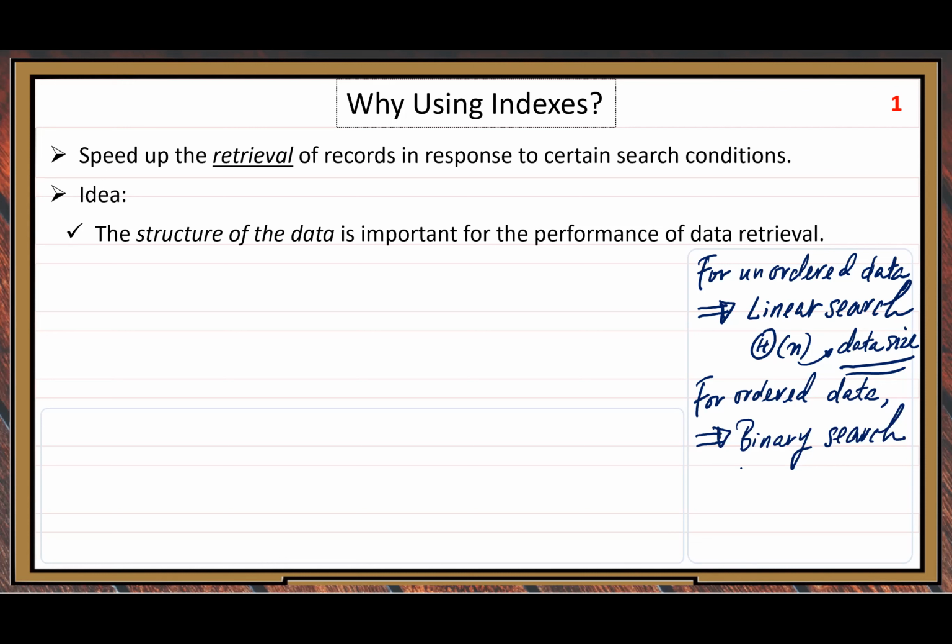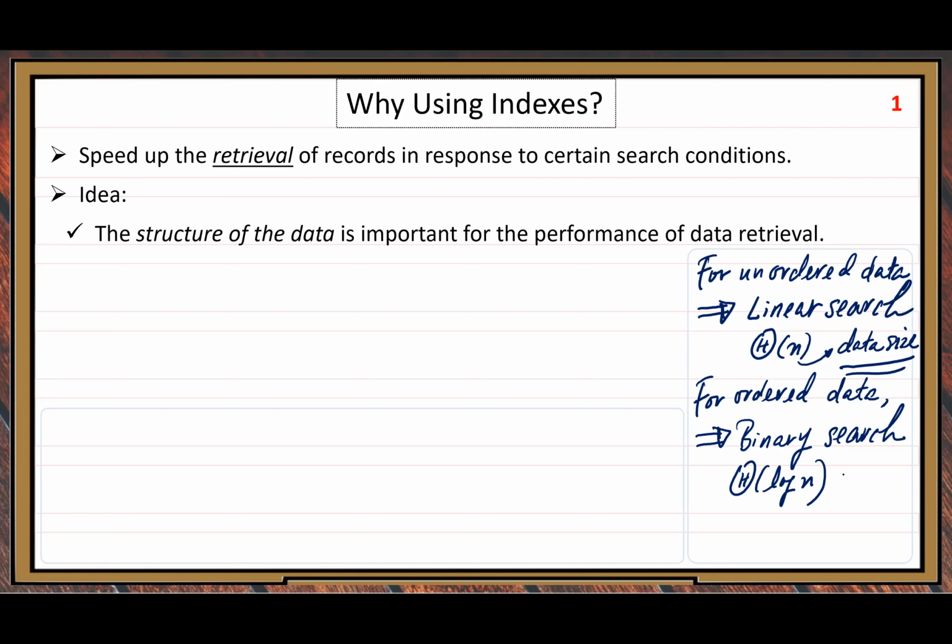And using the asymptotic notation, the performance we have is log of n. From big theta of n to big theta of log n. Good improvement, right? Big improvement.